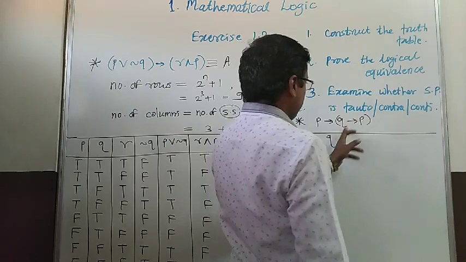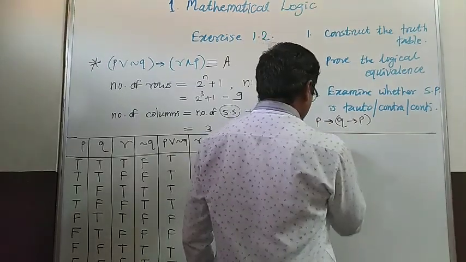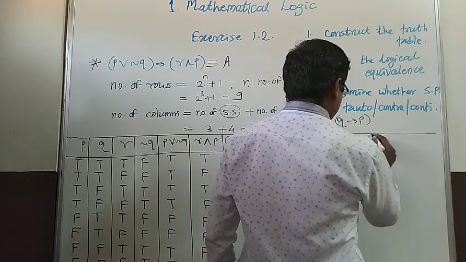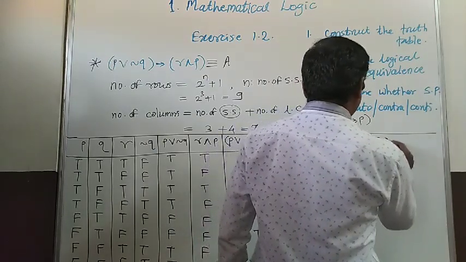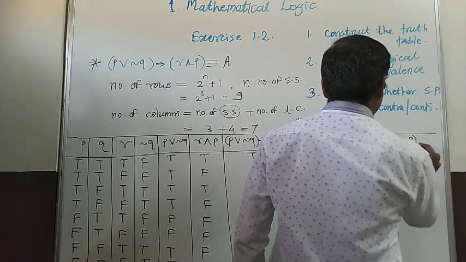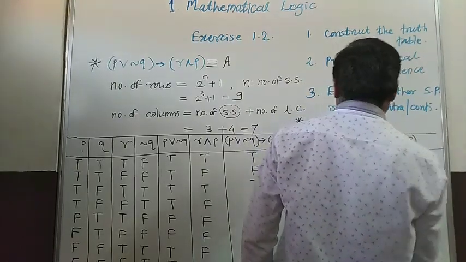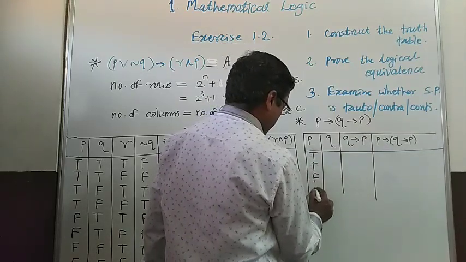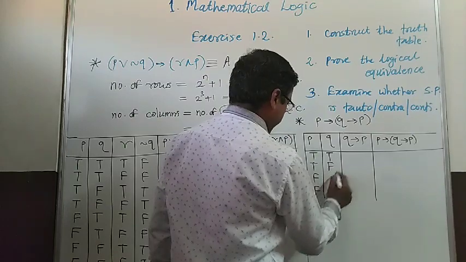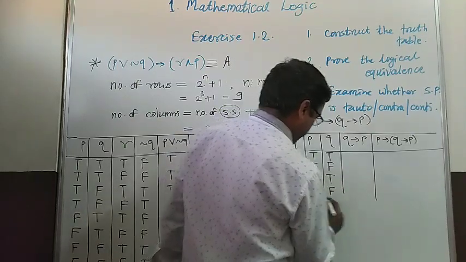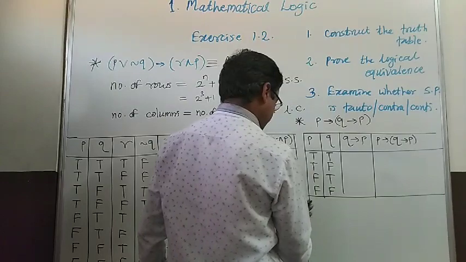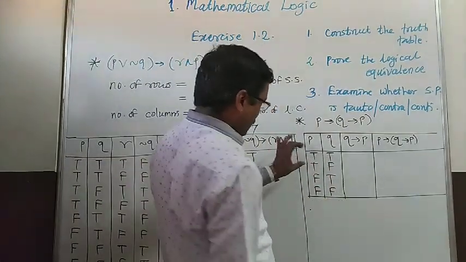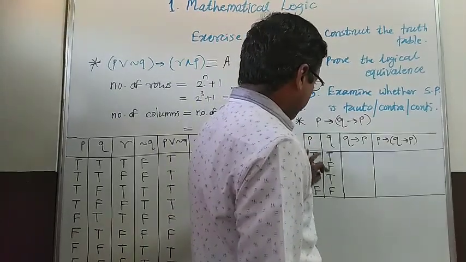So in all, two statements and two connectives, so we need only four columns. Next one is Q implies P, and after that P implies Q implies P. As there are two statements, the combinations are TT, TF, FT, FF.